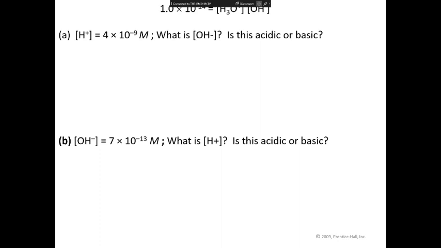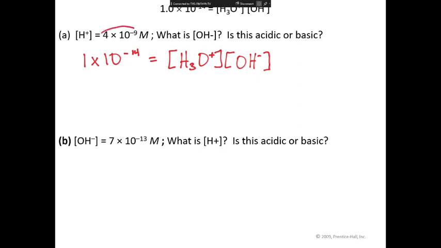So once again, every time we can just say 1 times 10 to the negative 14th equals H3O plus times OH minus. Now this time they're not going to be equal to each other, so we're not just going to set it up to be X squared, otherwise we get the same answer. This time we know this one, so we'll put that in place of H3O plus.